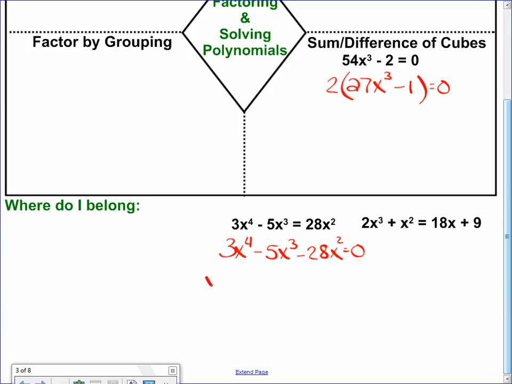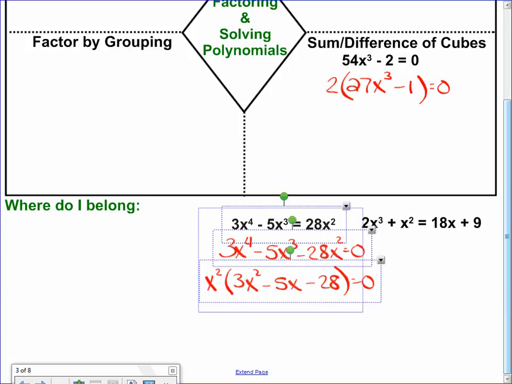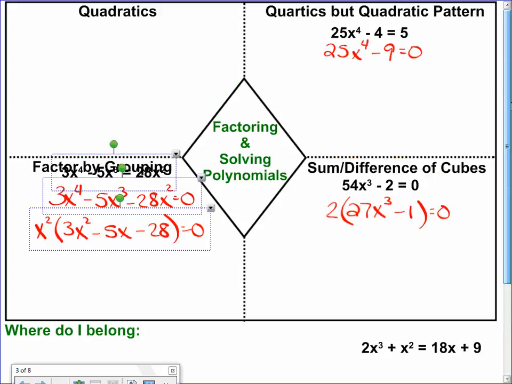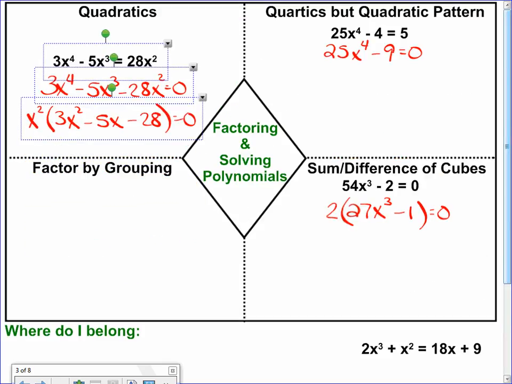So if I take out an x squared, we have 3x squared minus 5x minus 28. If you first saw the problem, you're like, oh yeah, that one's quartic, so there's an x to the fourth. No, it's not, because you take out your GCF and now it's x squared. So this one should go up into your quadratic category.